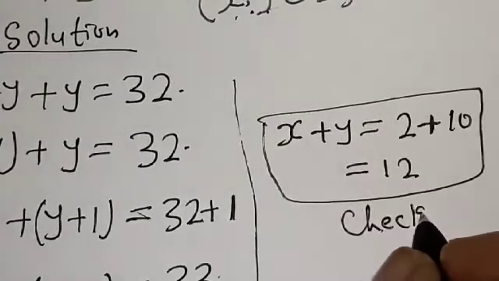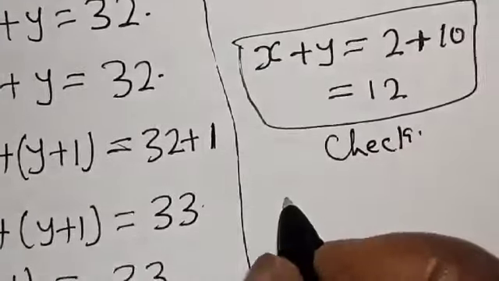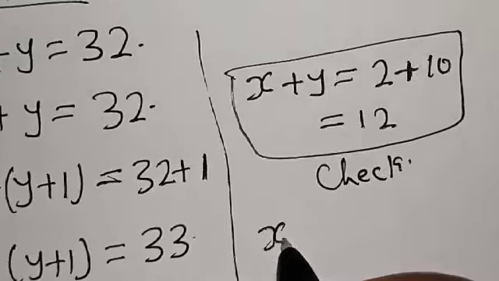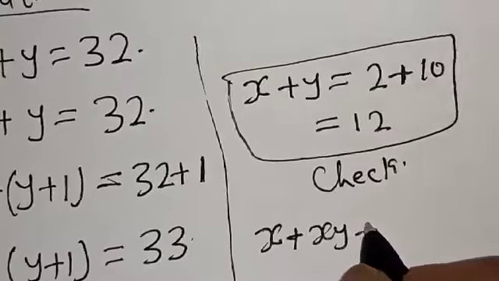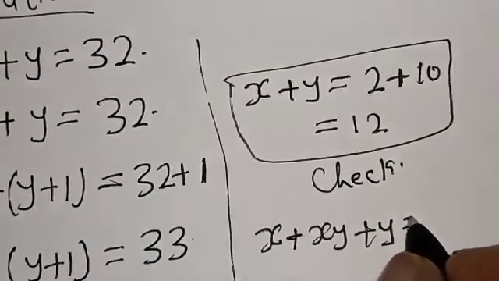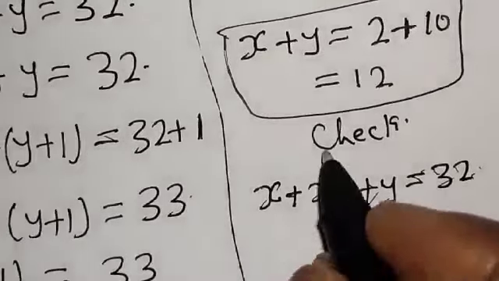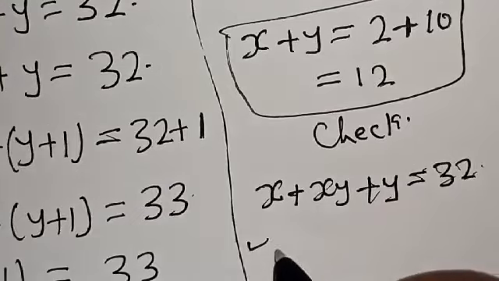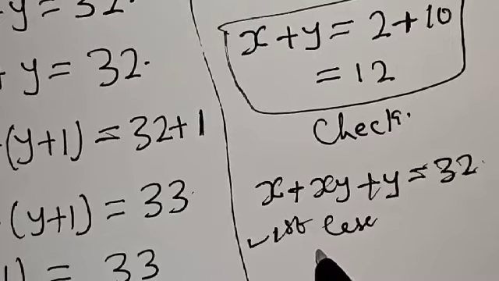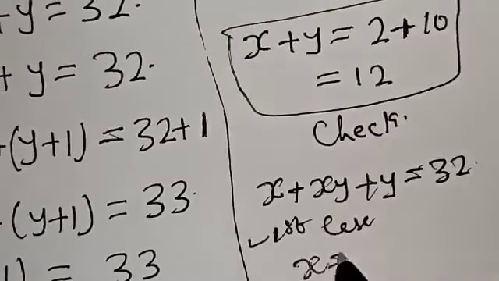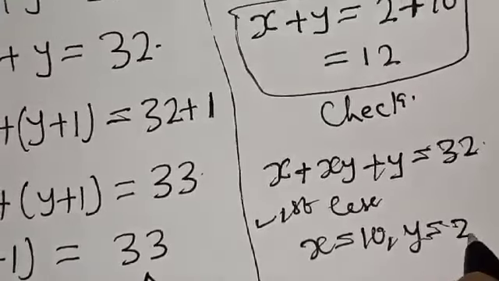Check. We have the given equation as x plus xy plus y equal to 32. Now, for the first case, x is equal to what? 10, y equal to 2.